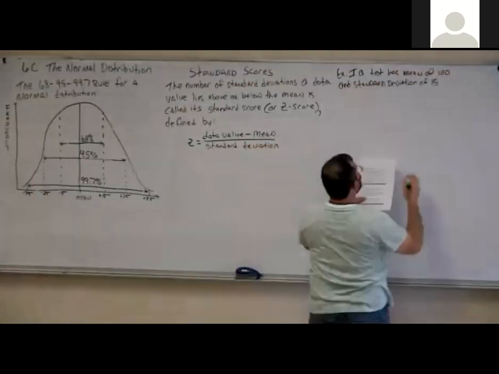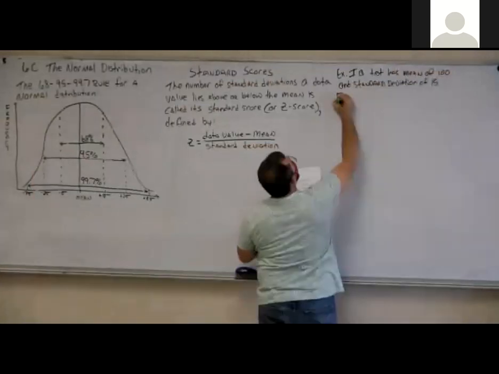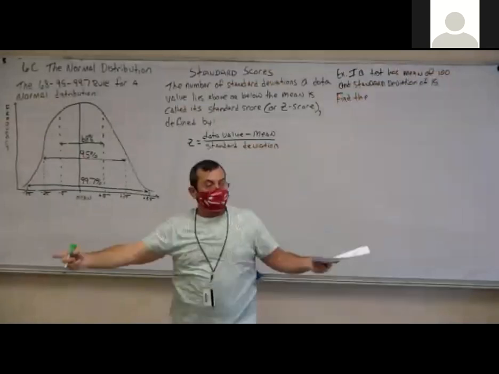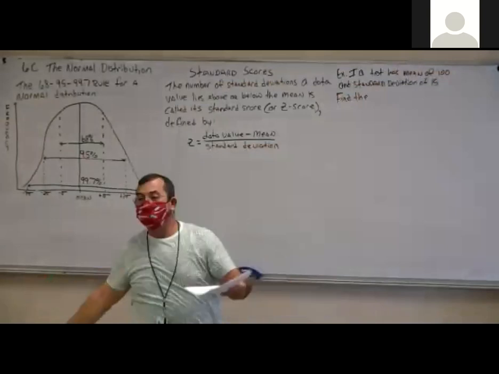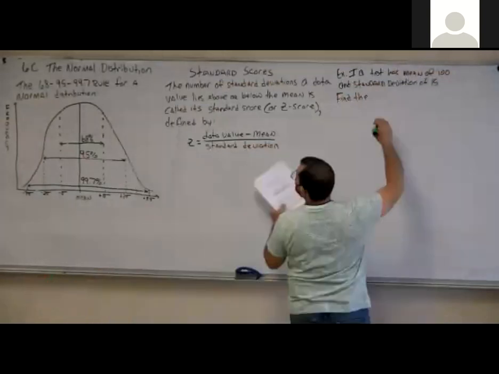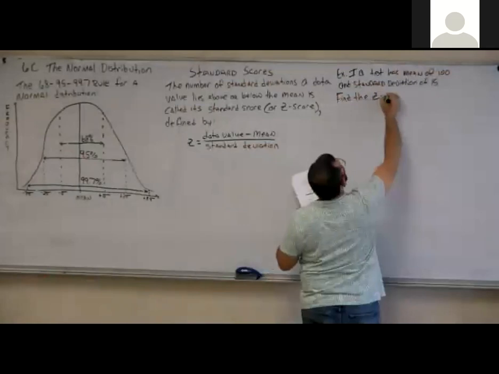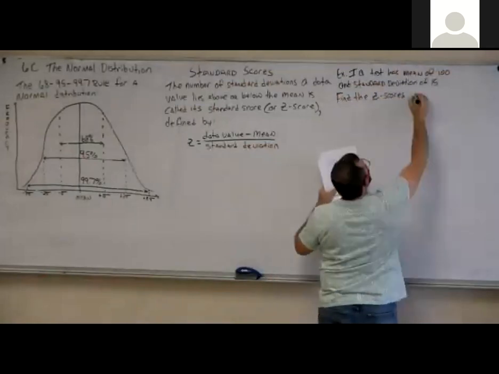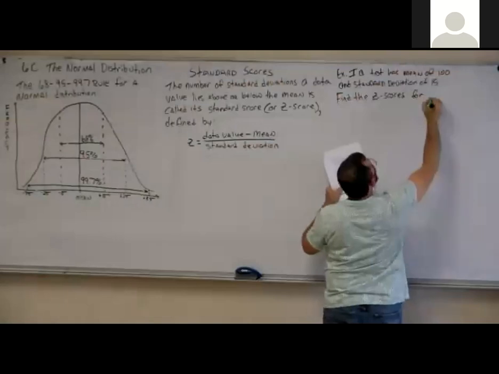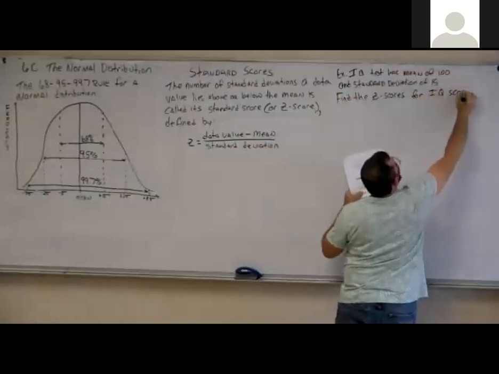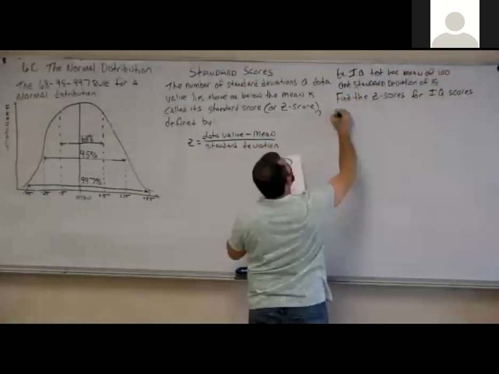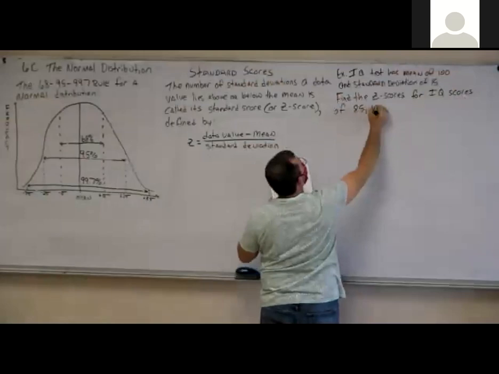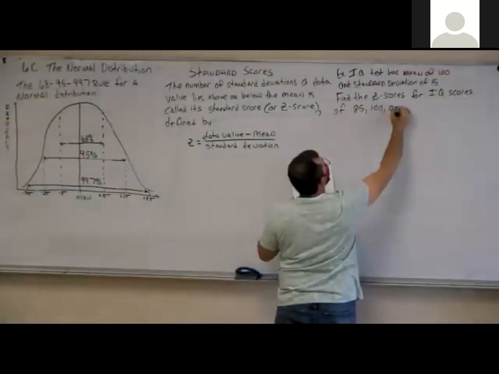We're going to find the standard scores, which I could also call z-scores. So you want to find the z-scores for IQ scores of 85, 100, and 125.